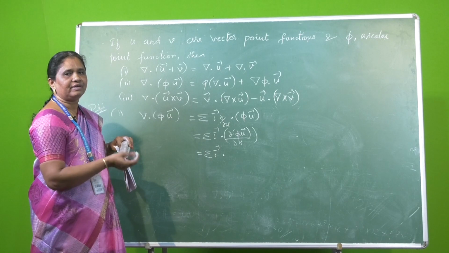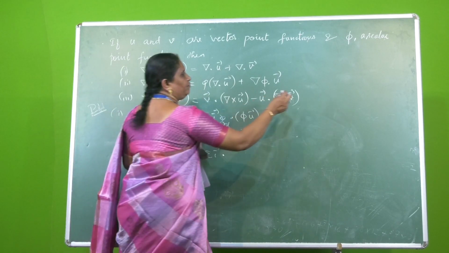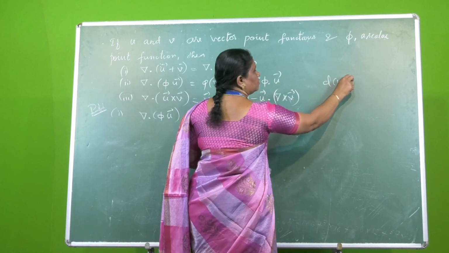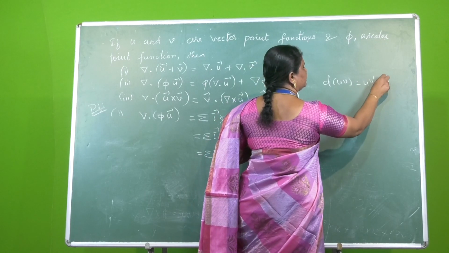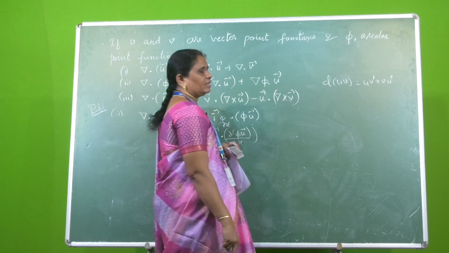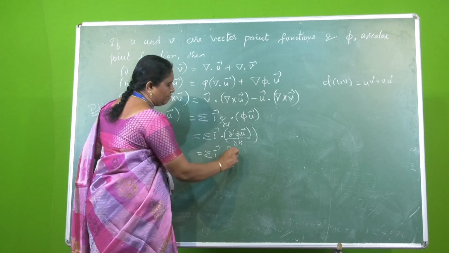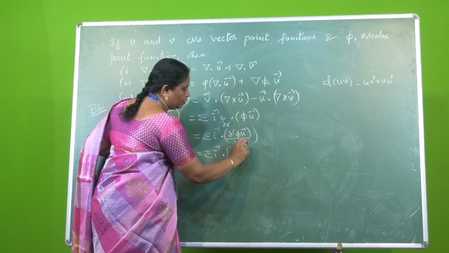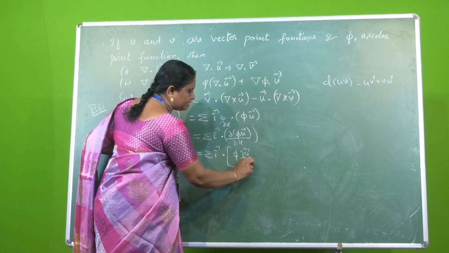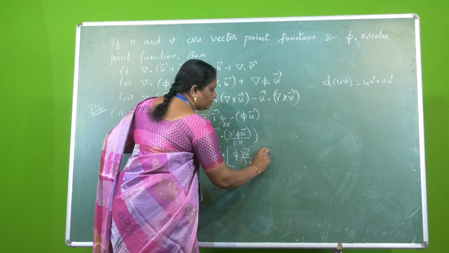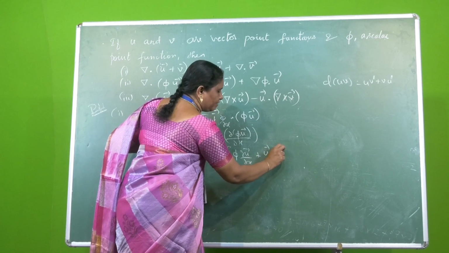As they are in product, we are using the formula d of uv is equal to uv dash plus vu dash. And replacing here, we get phi into dou u by dou x plus u into dou phi by dou x.